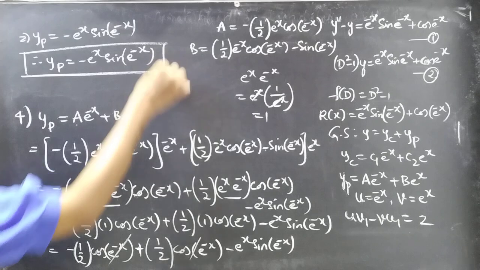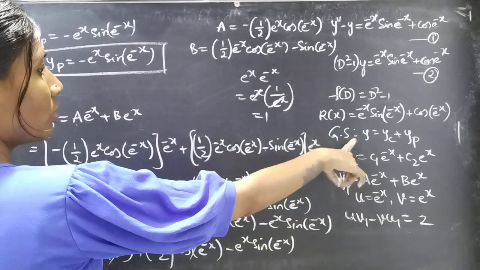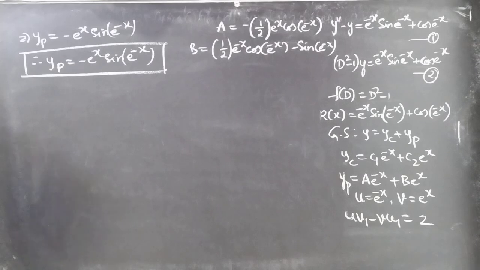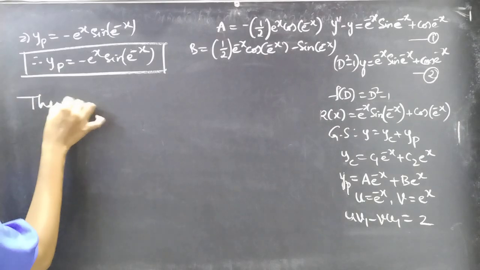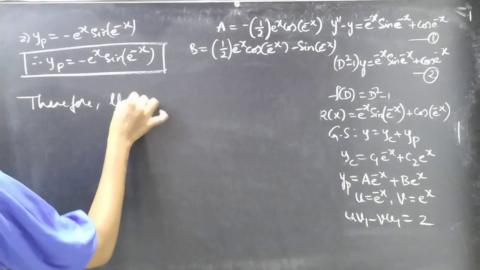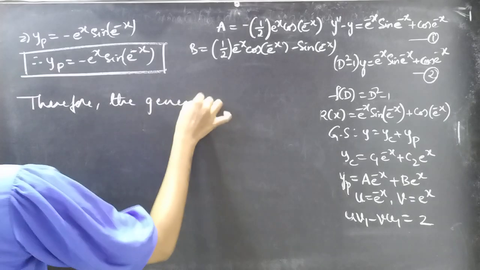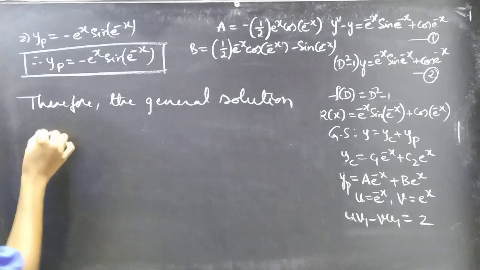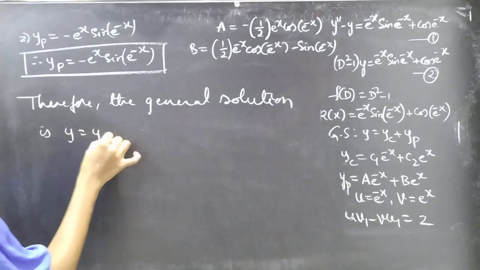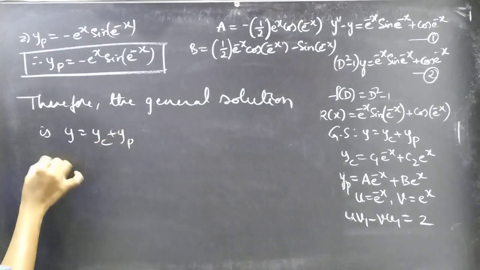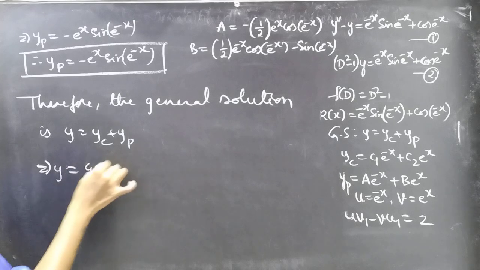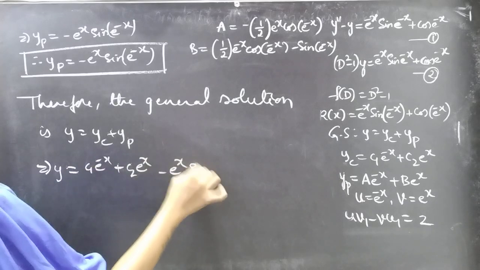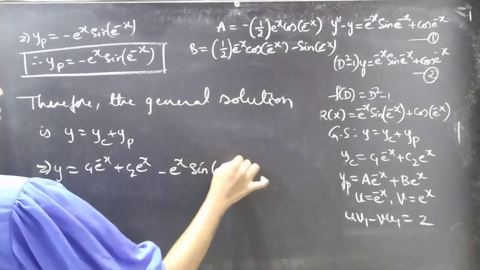Therefore yp equal to minus e power x sin e power minus x. We got yp and yc. Let's now find the general solution using y equal to yc plus yp. Therefore the general solution is given by y equal to yc plus yp, y equal to yc, c1 e power minus x plus c2 e power x, and yp is minus e power x sin of e power minus x.